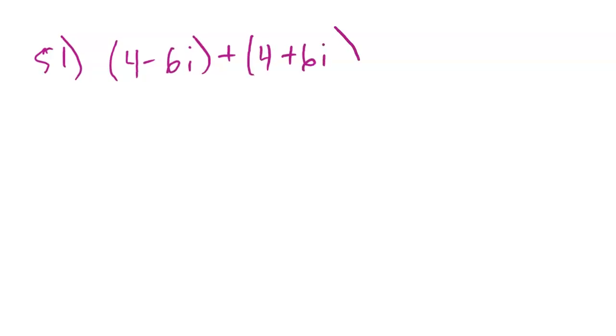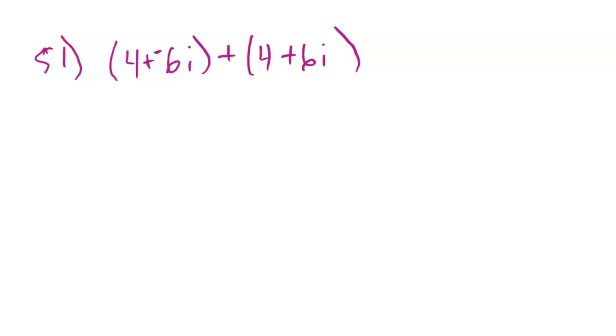What? I'm not sure what we're supposed to do here. Let's see. 4 minus 6i plus 4 plus 6i. Okay, so with complex numbers, you do have the commutative property and the associative property, and we could regroup and change orders and stuff like that, provided that this wasn't subtraction, so you have an over addition.